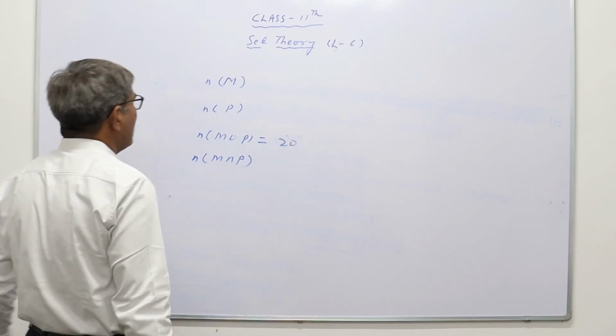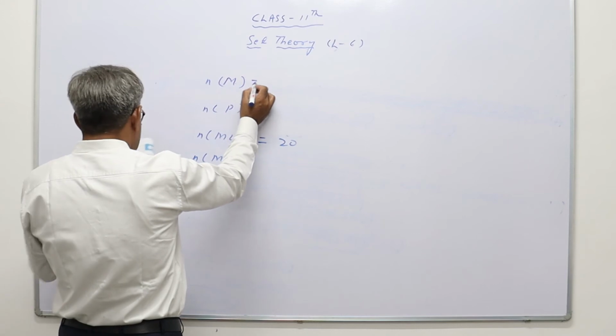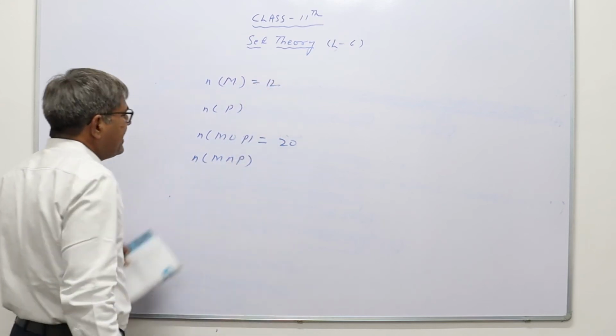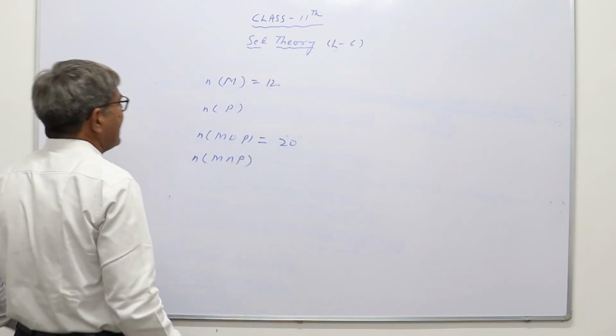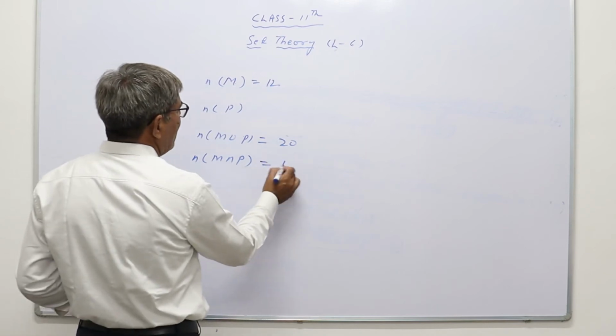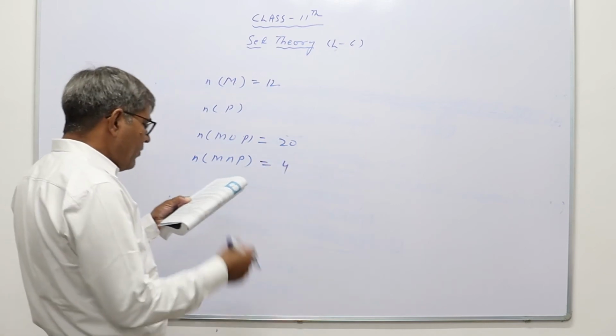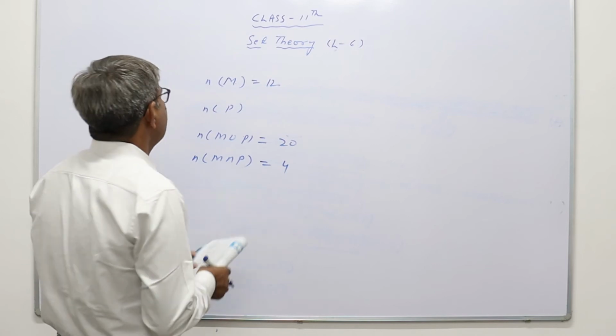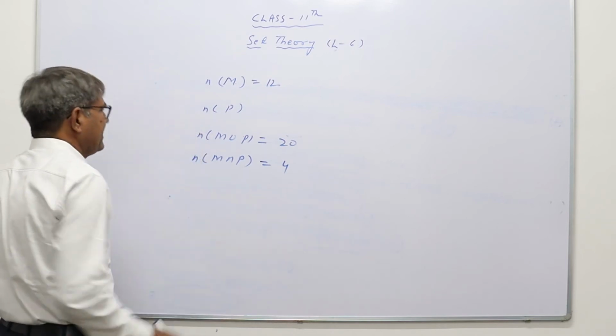Similarly, the teachers who are teaching only mathematics are 12, and the teachers who are teaching physics and mathematics are given as 4. And we have to find how many teachers are teaching physics.